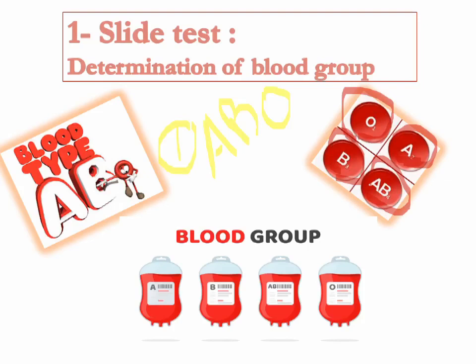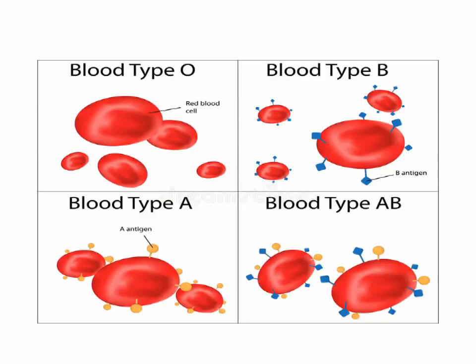This is because of the antigens which are expressed on the surface of the red blood cells. So as you can see, for the blood type A, why is it called blood type A? Because if you look at the surface of the red blood cells, you will find that the antigen expressed on the surface of the red blood cells is the A antigen.